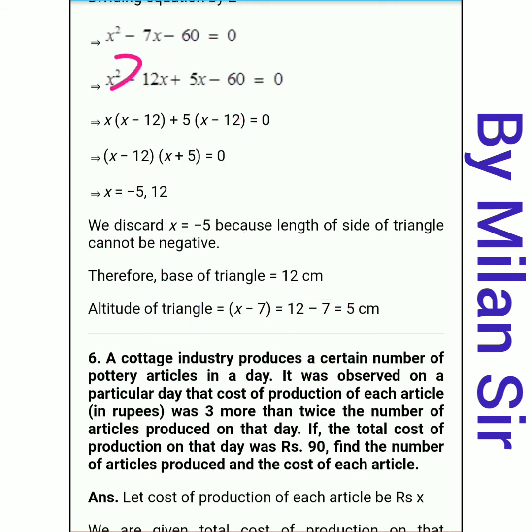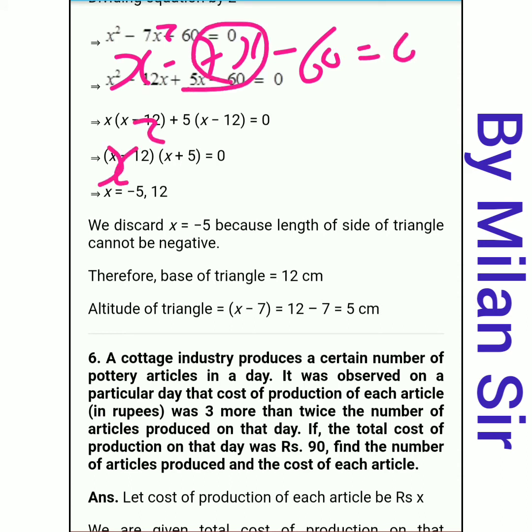So our equation x square minus 7x minus 60 is equals to 0. Our first term remains as it is, x square. Then in place of middle term we need to write our two factors, that is minus 12x plus 5x, and our last term remains as it is, minus 60 is equals to 0.